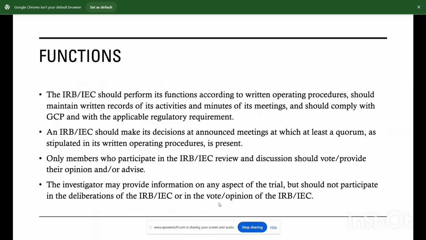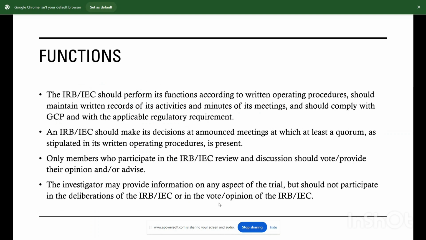In their SOP it will be mentioned how frequently the meeting has to be conducted. When any meeting is done, they will prepare the minutes of meeting. The EC should maintain written records of the minutes, which contain the report about that particular meeting.